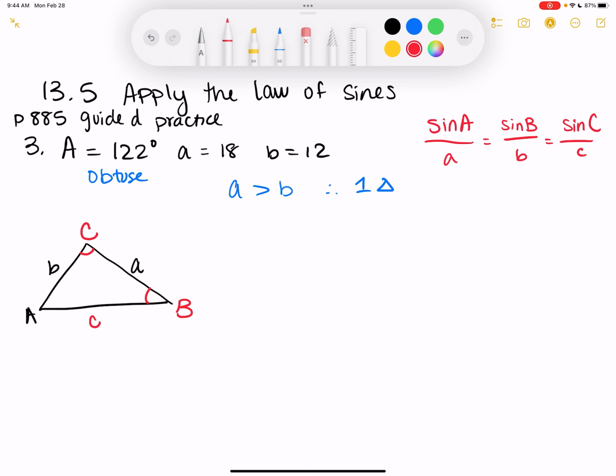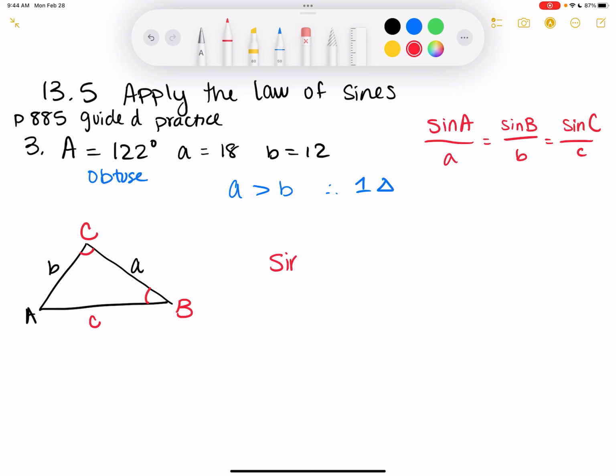I always want to use given information, in case you have done something wrong when you are solving the problem. That way it doesn't throw your answer off. So I was given my angle A and my side A, so I'm going to use that.